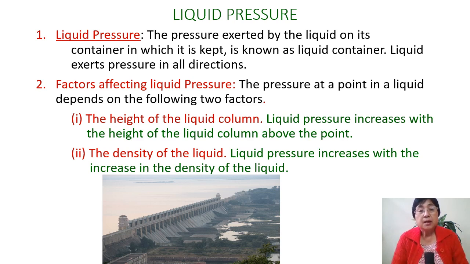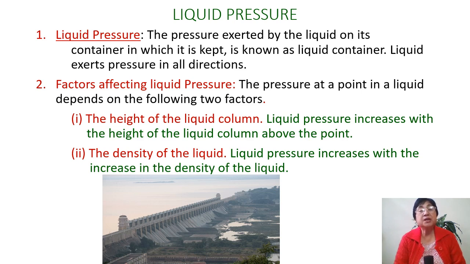In the case of a liquid, it cannot stand on its own. It has to be kept in a container. And a liquid, whenever you keep it in a container, will exert pressure in all directions in the container.